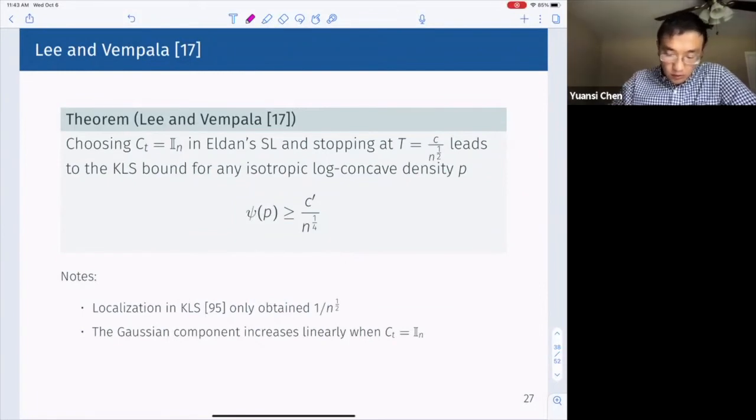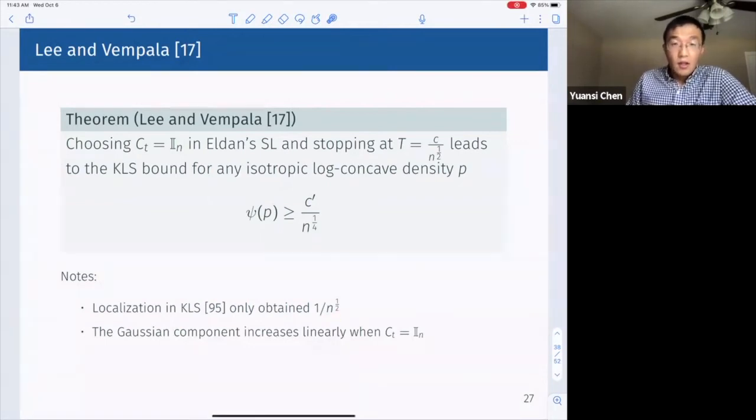If you run with control matrix C_t equal to identity and run it up to time t equal to a constant over square root of n, then they claim you can prove an isoperimetric inequality for any isotropic log-concave density of order a constant over n to the 1/4. So this is a better lower bound. This is closer to a constant than the original lower bound that we got from needle decomposition in KLS 95, which is only 1 over n to the 1/2.